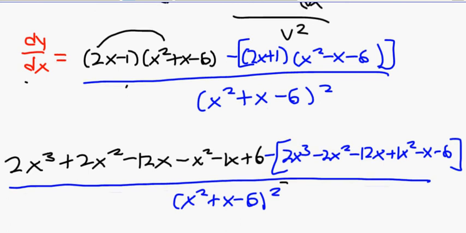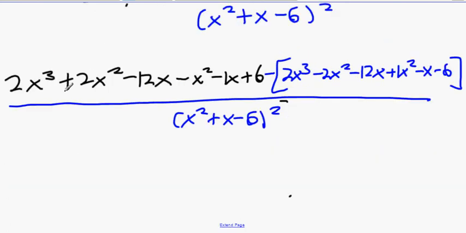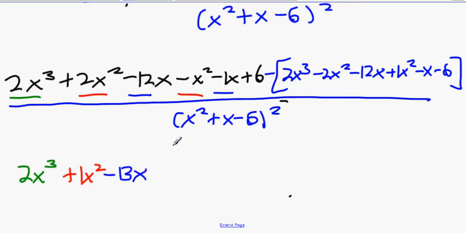Tidy up, very important. 2x cubed, then x squared: 2x squared minus x squared plus 1x squared. Minus 12x minus 1x is minus 13x. After that, just plus 6. Inside the brackets here, I'm going to tidy it up, then multiply by minus 1.